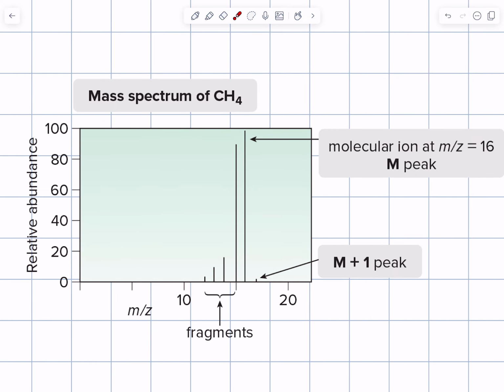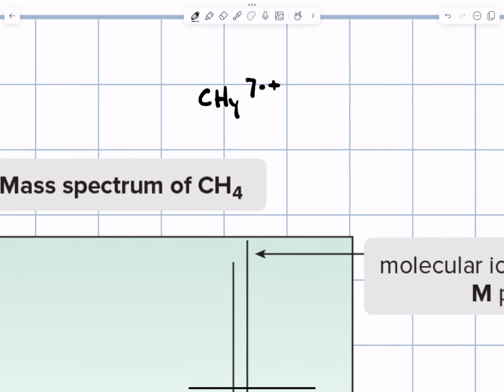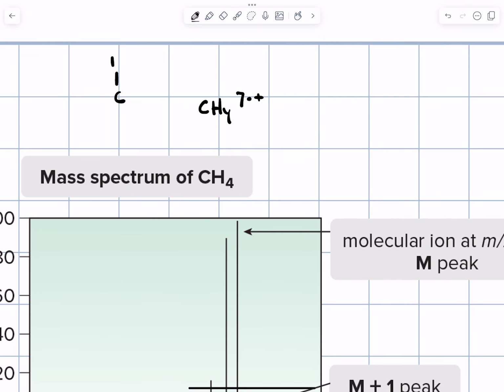Now, methane, CH4, the radical cation would be CH4, and then we'll just put a dot and a plus. We don't know which of those 4 bonds in methane lost an electron. We just know that overall, so this is the Lewis structure of methane, one of them is down an electron. Keep that in your brain somewhere because that means that one of those bonds is weaker than the others, and that's going to be important later on.